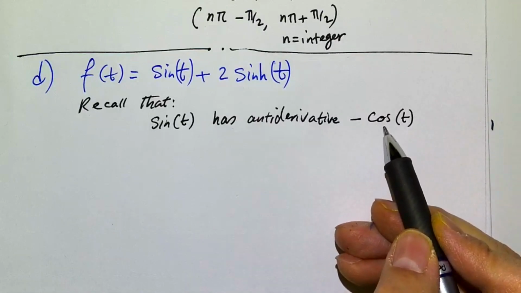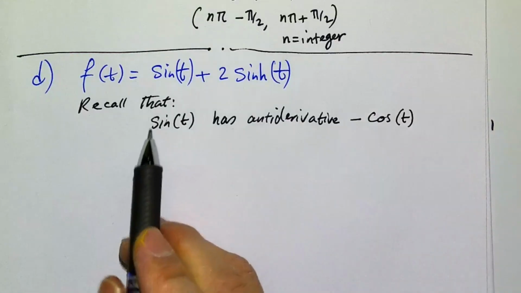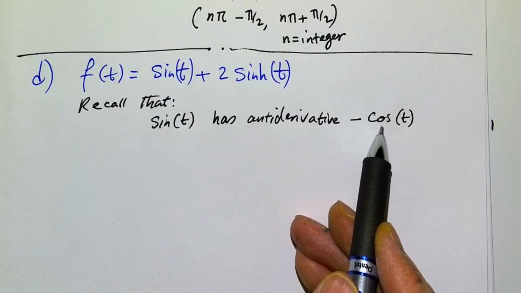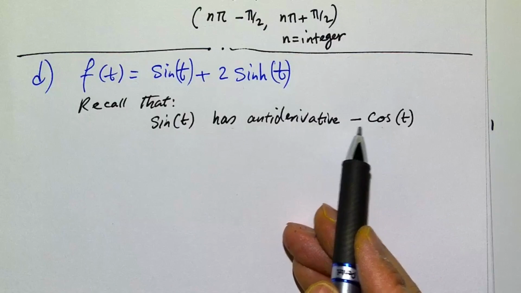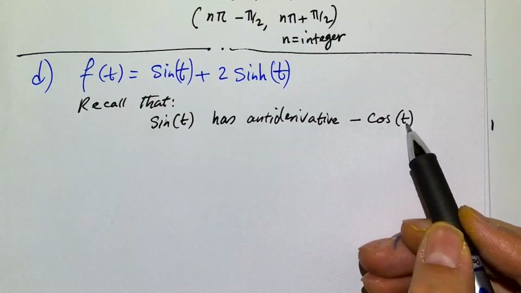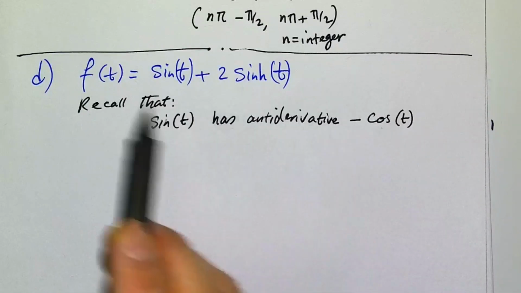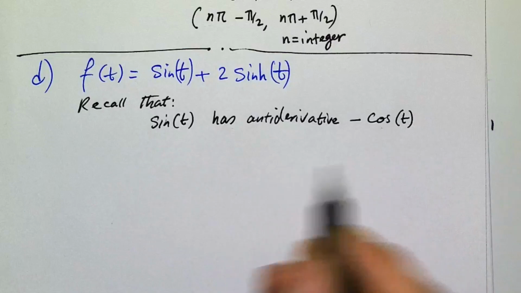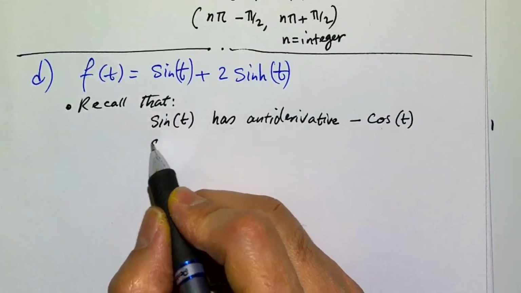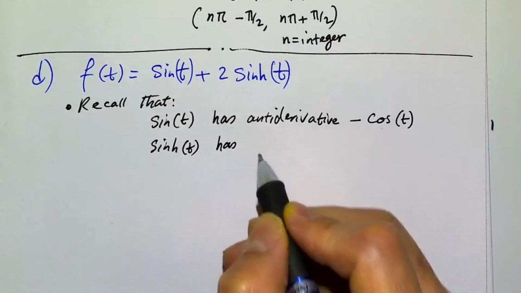Because the derivative of cosine is minus sine of t, but this is positive, so we must have had a minus in front of the cosine. After this becomes minus sine of t in the derivative, the minus and minus multiply each other and we get positive.